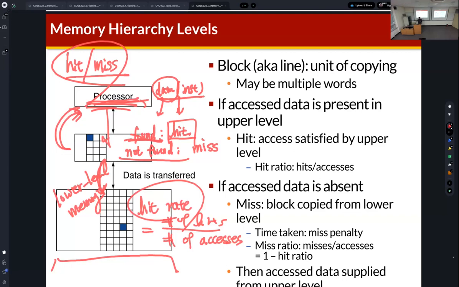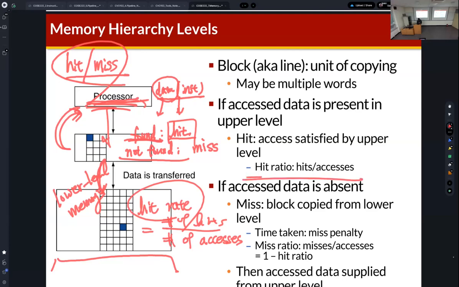So if the hit rate is high, the performance can be high.